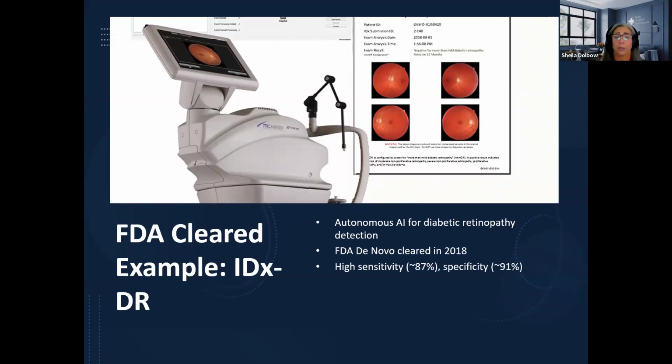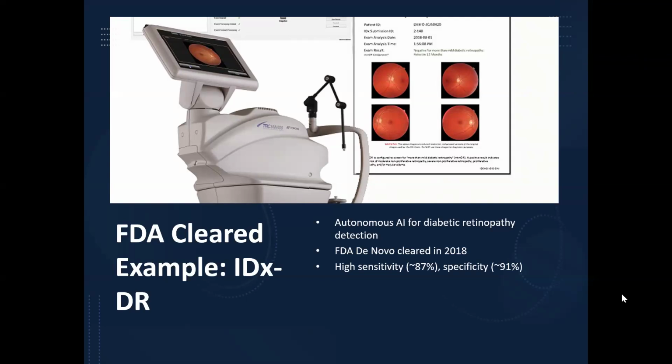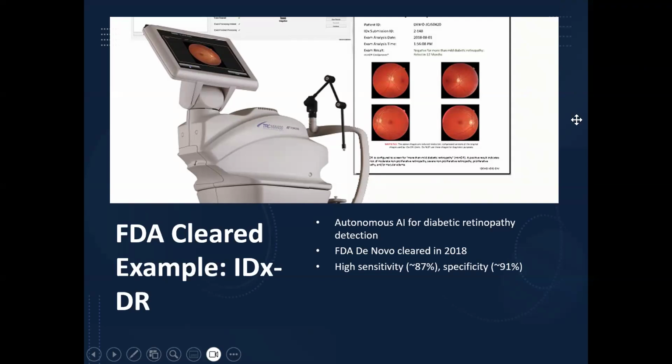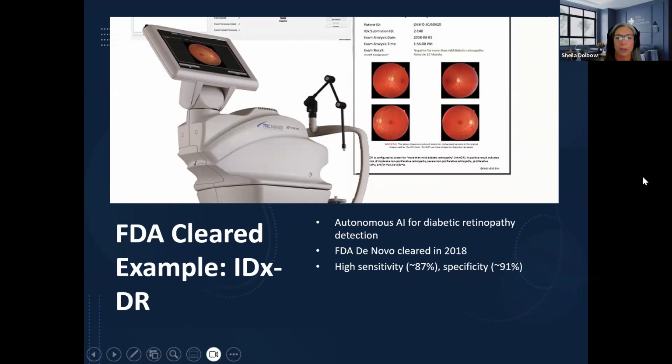You can go to the eye doctor now and have some of these AI tools in place to help do all the diagnostic part that you need on your eye exam and never have to undergo the dilation process. This device was actually FDA cleared back in 2018. So this just goes to show you how long these tools have been in place and how they're being used in the clinical setting.